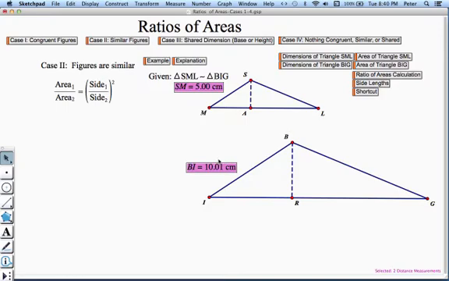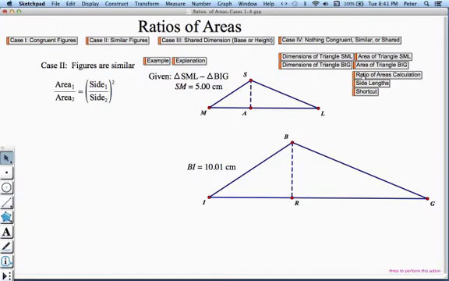Okay, well here we have some rounding problems going on because I constructed these two triangles so that one was twice as big as the other. So side SM is 5 centimeters and side BI is 10 centimeters. So really that means everything in these two triangles should be in the ratio of 1 to 2.